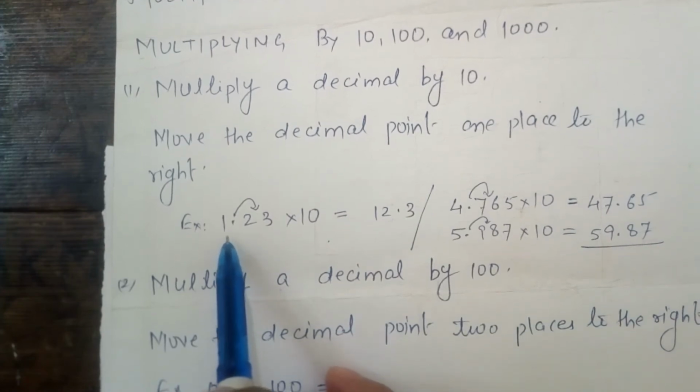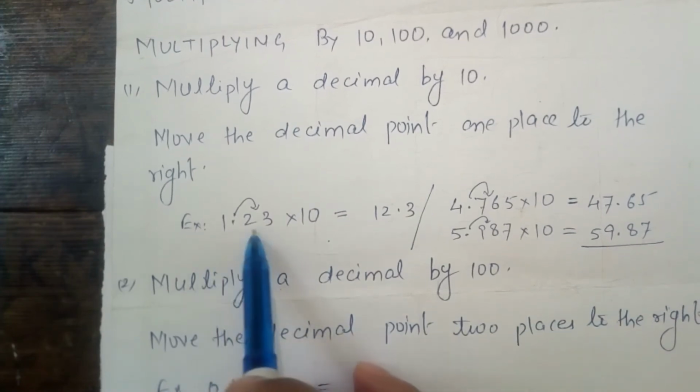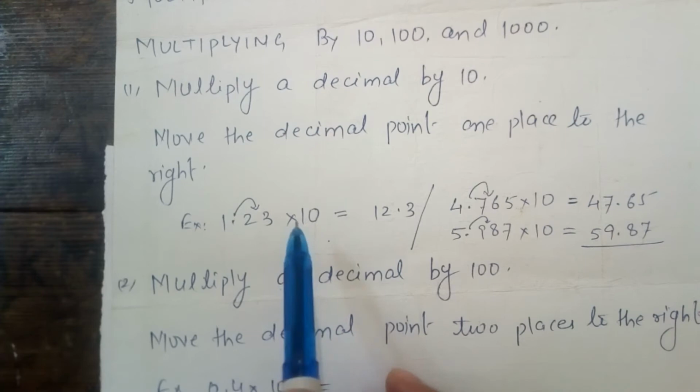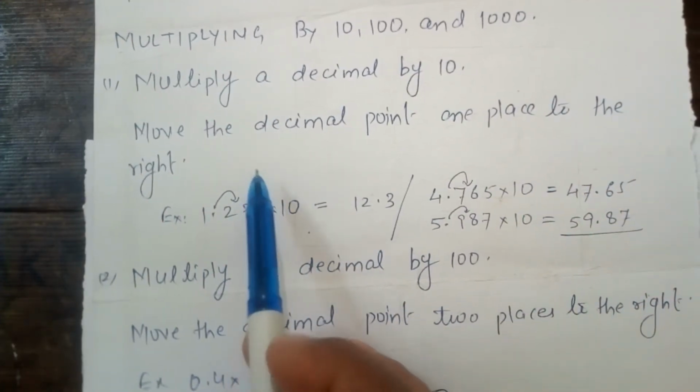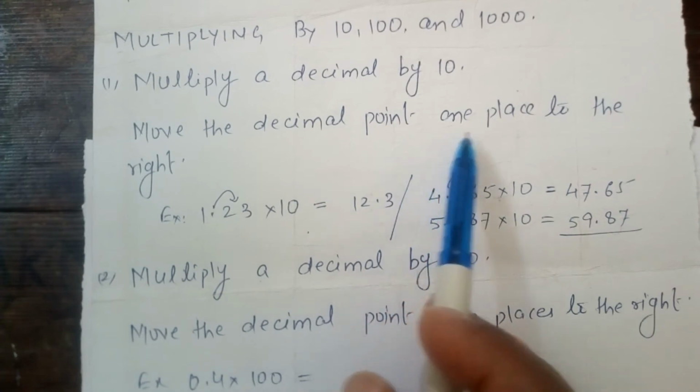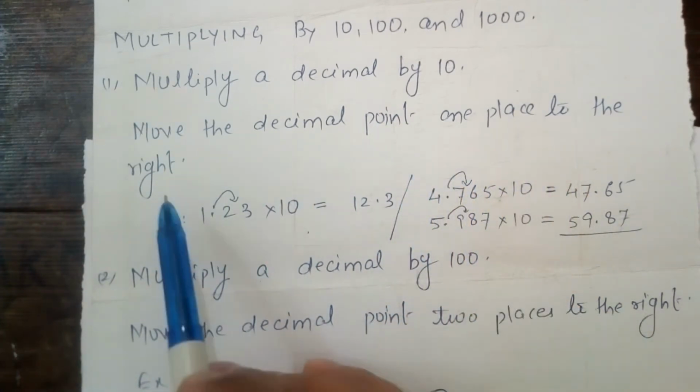Suppose you have one decimal number, 1.23 into 10. So what will we do? According to the statement, move the decimal point one place to the right.